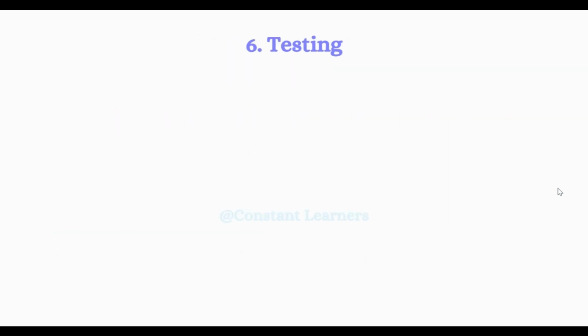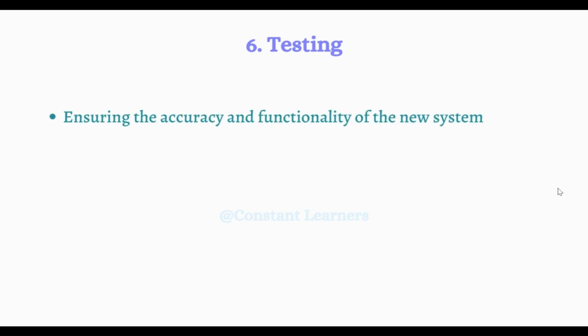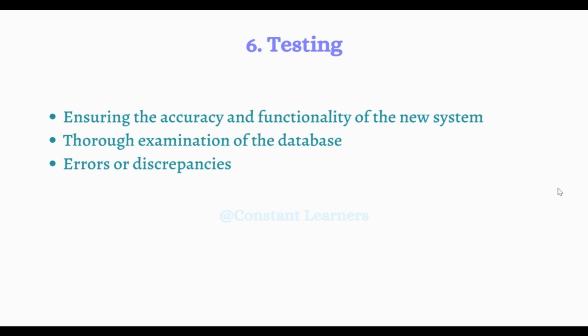All right. The next stage is the testing stage. Following the implementation stage, we move on to the testing stage, which plays a crucial role in ensuring the accuracy and functionality of the newly implemented system. During this stage, a thorough examination of the database takes place to identify any errors or discrepancies.